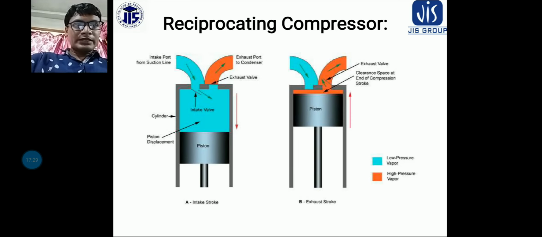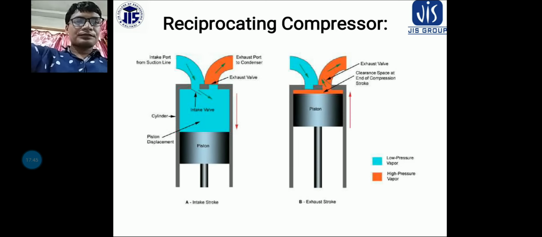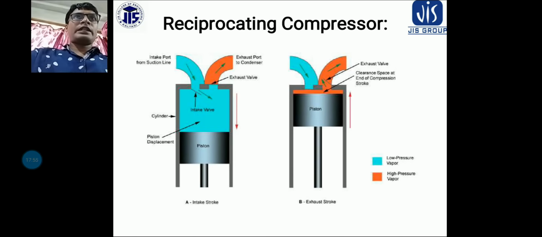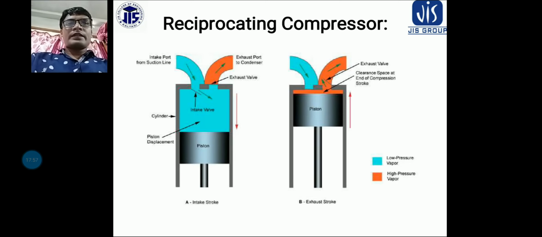Some clearance is given, because if there is no clearance, then the inlet valve or outlet valve may get damaged. That is why this clearance is provided. That means the piston does not reach the topmost point of the TDC; some clearance volume is given.